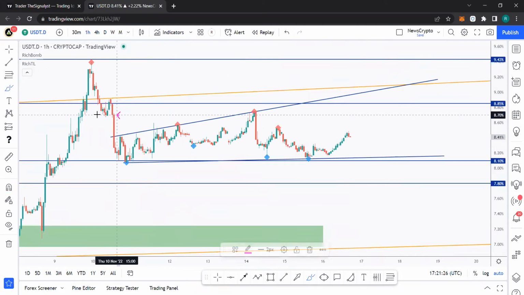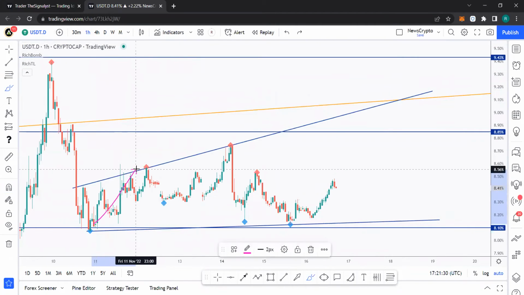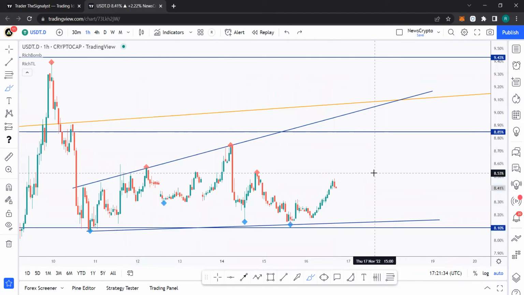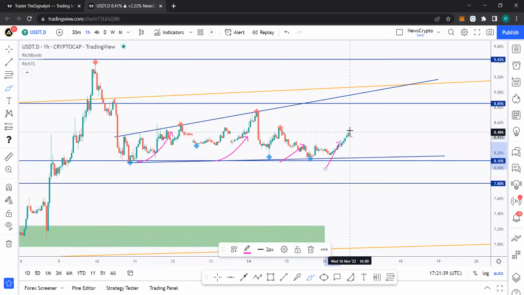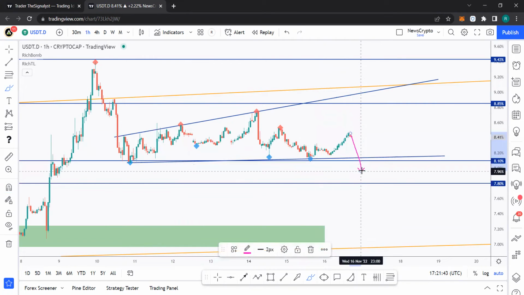We can see it even better from H1 time frame. Now we are trading inside this channel, or rising broadening wedge, if you want to call it. And yeah, we're rejecting the lower bound. If we break it downward, it wouldn't be enough. But if we break it down, it would be an indication that the bears are trying to kick in.